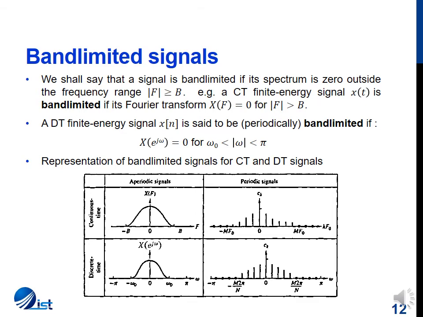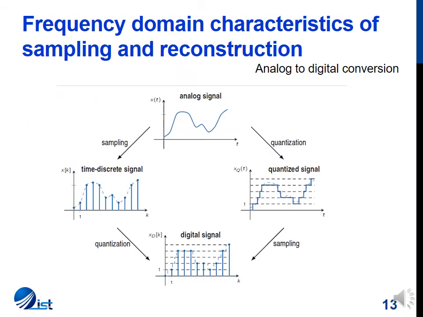Enough of the frequency domain definitions. Now we are going to see how the frequency domain characterization of signals and systems simplifies some mathematical processes for us. So the process that we are going to consider is analog to digital conversion. In analog to digital conversion, the first step usually is sampling of the continuous time signal, or sampling of the analog signal into a discrete time signal.